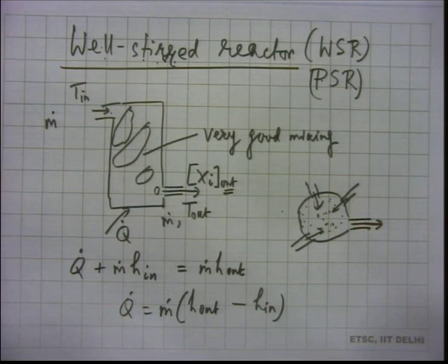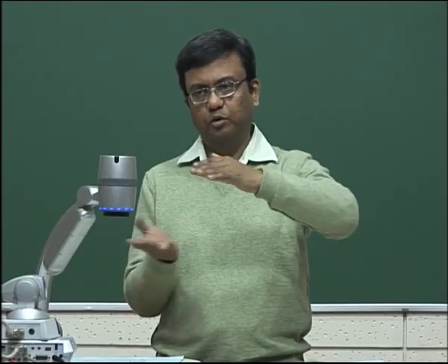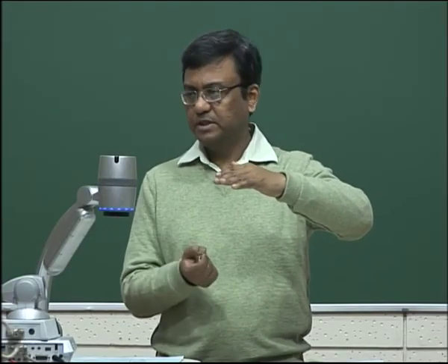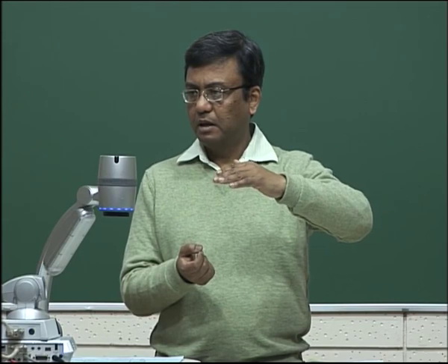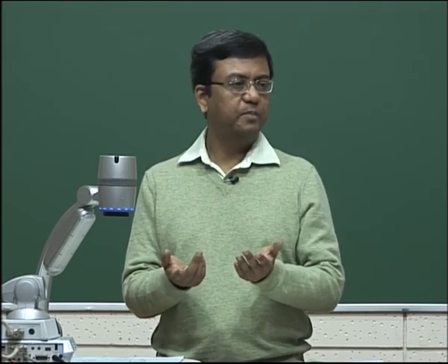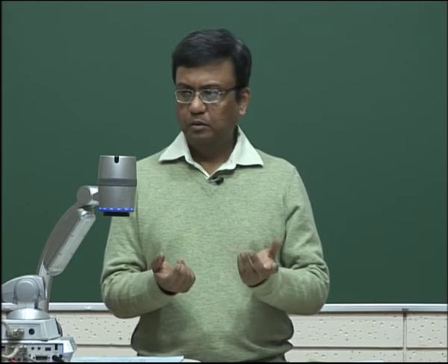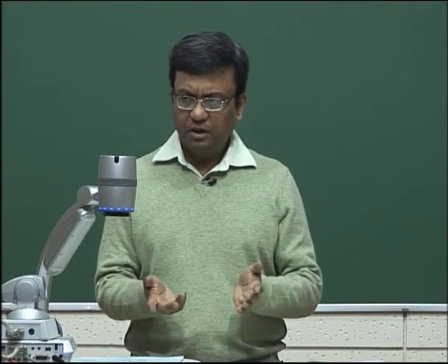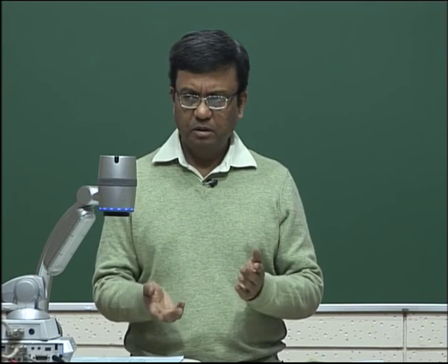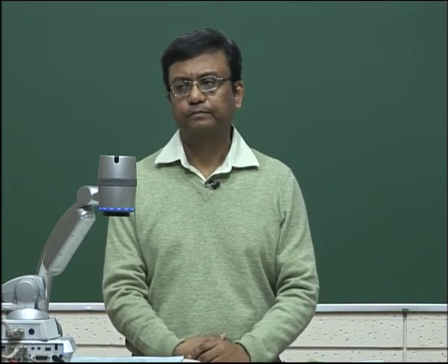Again, think about a stream going out. It has various species in it, and they are all at that outlet temperature T out, right. So, will it depend only on that outlet temperature, or will it depend on concentrations also?